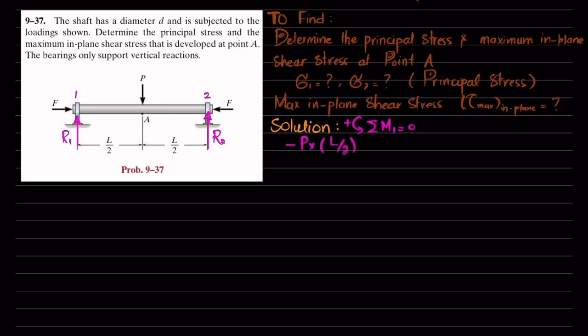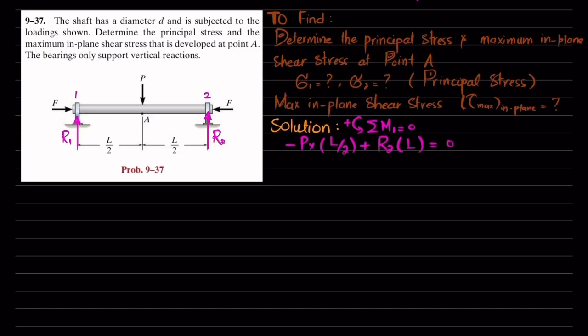The second moment is produced by R2, with perpendicular distance L by 2 plus L by 2, which is L, and that is producing counterclockwise, so it will be positive. So plus R2 into L is equal to 0.